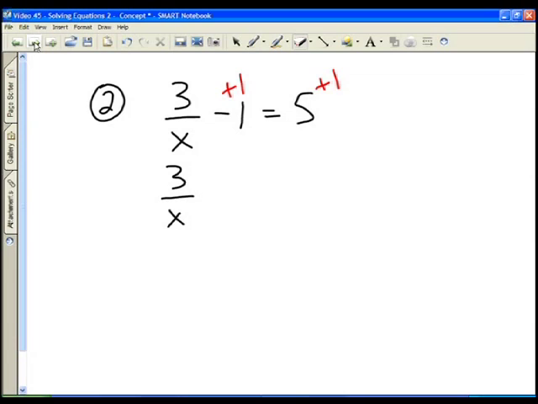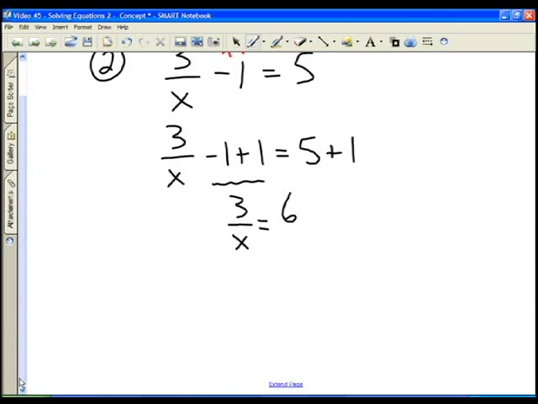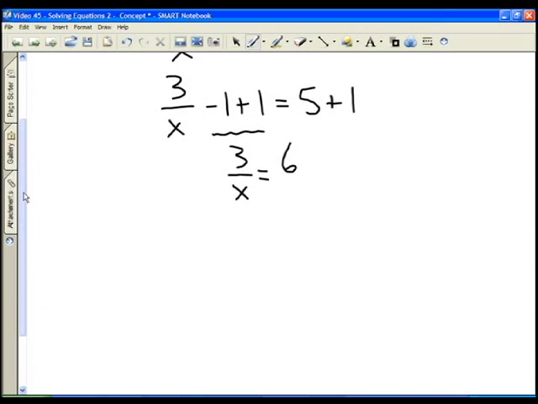is equal to, 3 divided by x. Oftentimes we don't write the minus 1 plus 1. This is the part that sometimes we don't write because we know it always cancels to 0. And that's equal to 5 plus 1. And so now we have 3 divided by x is equal to 6, since 5 plus 1 is 6. Now we notice we have our variable in the denominator.